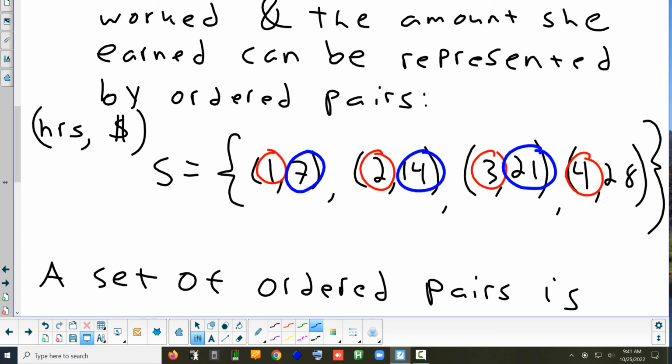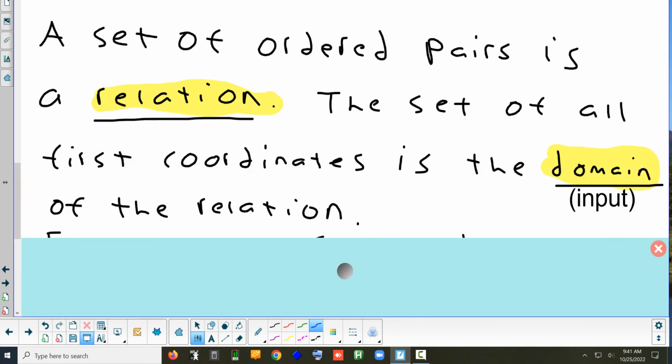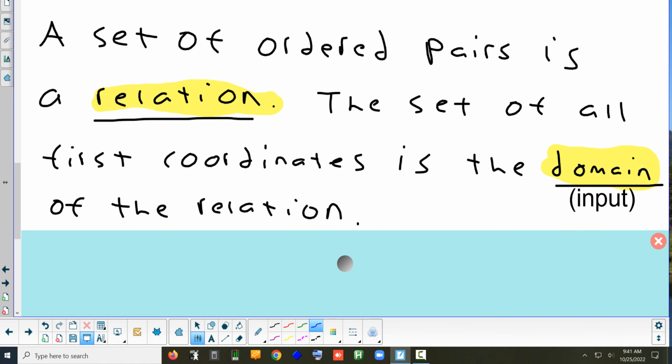The ones that I circled in blue are money. All the ones circled in red are what we call the domain. There's a lot of different words for it. Domain is one of them. Input is another one. And I think you already have input on your guided notes.